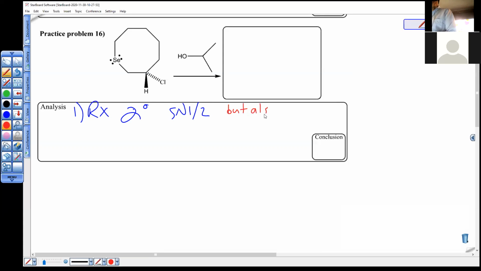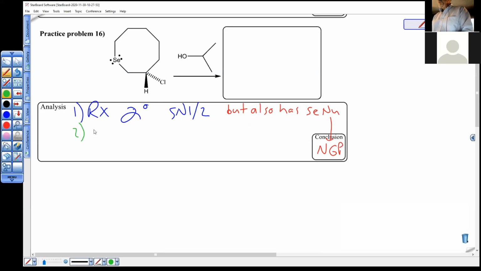It also has a nucleophile. It's an override. You write NGP. But please never stop your analysis there.